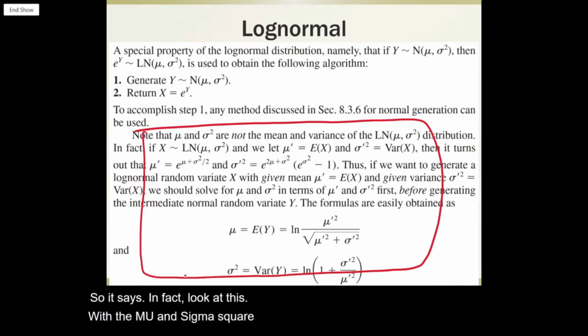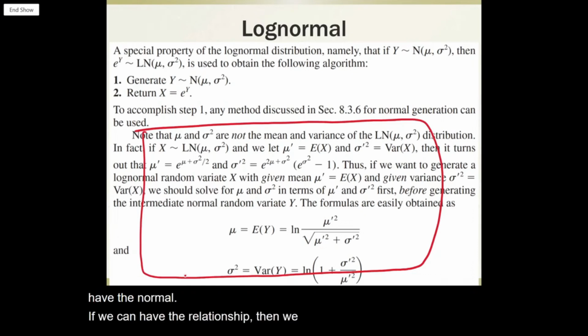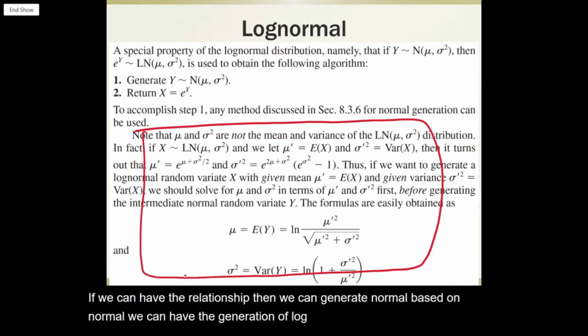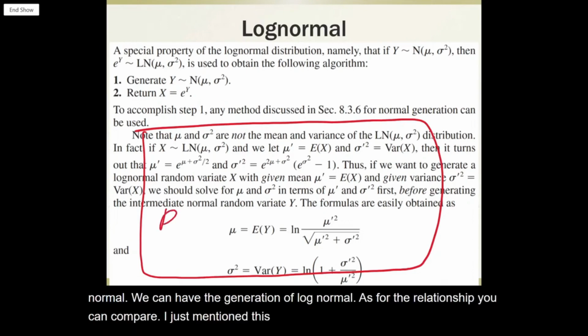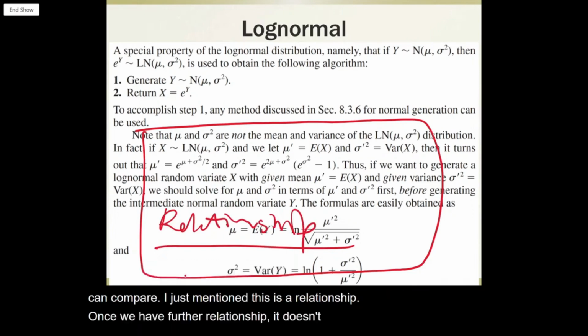So we will have a mu prime and sigma prime square, and this is the result to have the normal. If we have the relationship, then we can generate normal. Based on normal, we can have the generation of log normal. As for the relationship, you can compare. Once we have the relationship, it doesn't matter. We can generate y following normal, and so that we can have log normal.